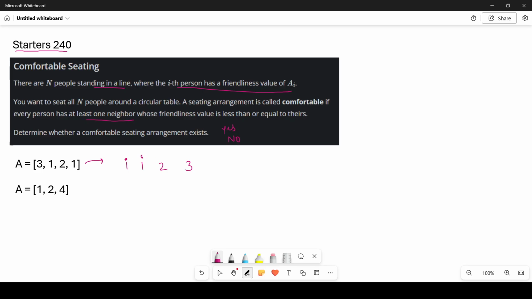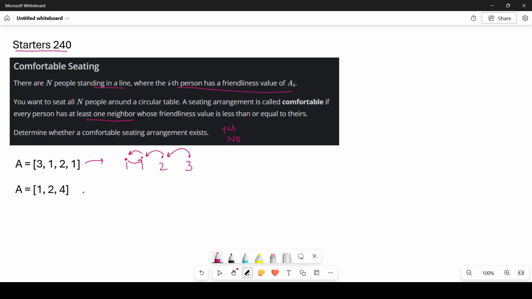It has a neighbor which is less than or equal to its friendliness. 3 has 2 because 2 is less than or equal to 3. So every element has a neighbor with a friendliness value less than or equal to it.